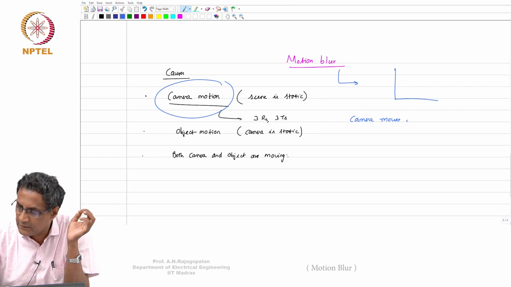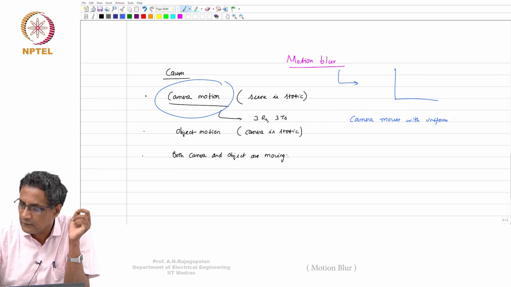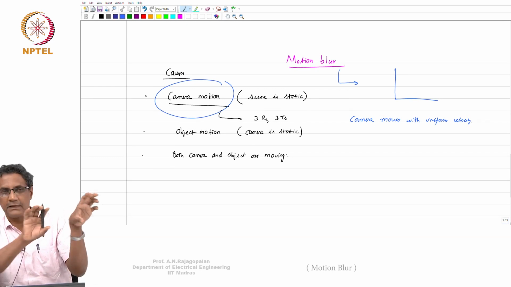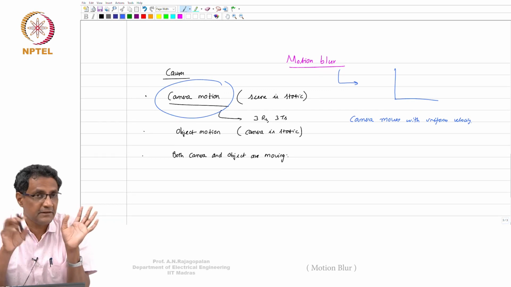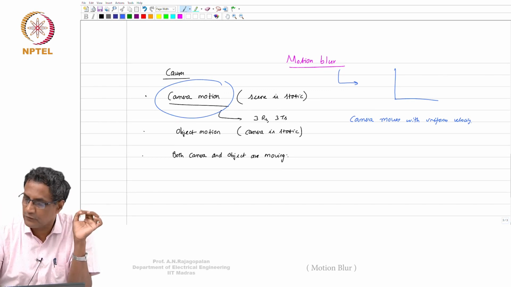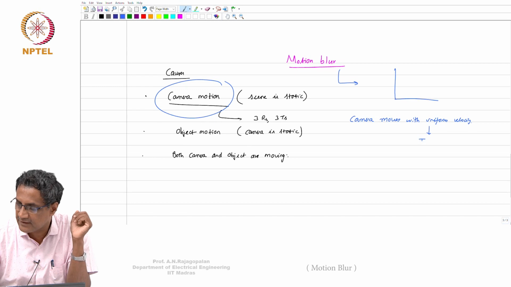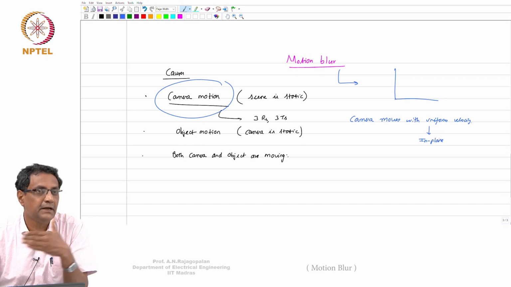Moves with uniform velocity, which simply means you move like that, or if you're rotating, you rotate uniformly. In fact, translation is what they used, and mostly with uniform velocity this was only in-plane translation, and that too in one direction, unidirectional.